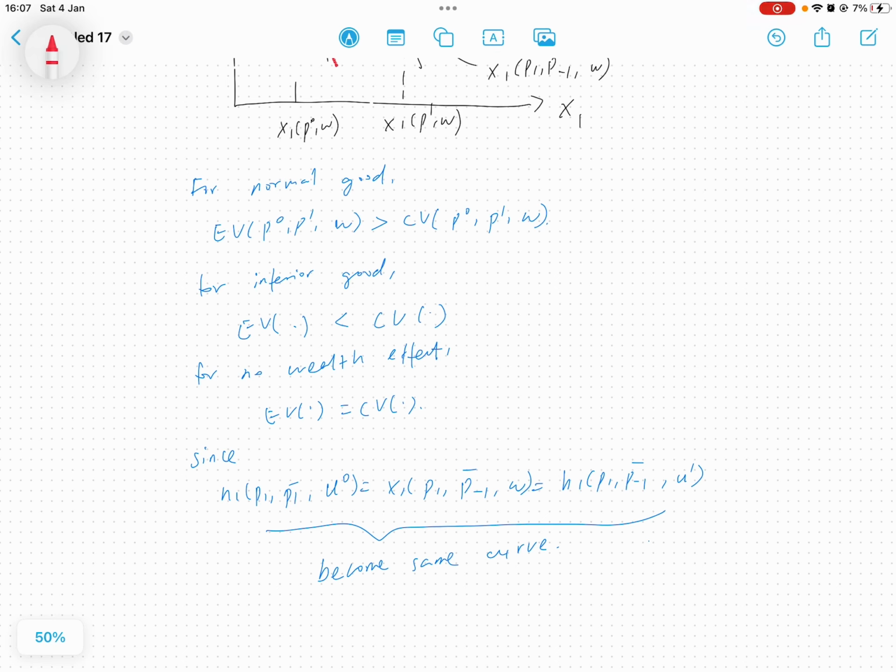For the last point, if there is no wealth effect, then all those Hicksian demands and Walrasian demands, taking P1 and P minus 1 bar, no matter whether U0 or U1, and also the Walrasian demand with W, are all the same in this case.